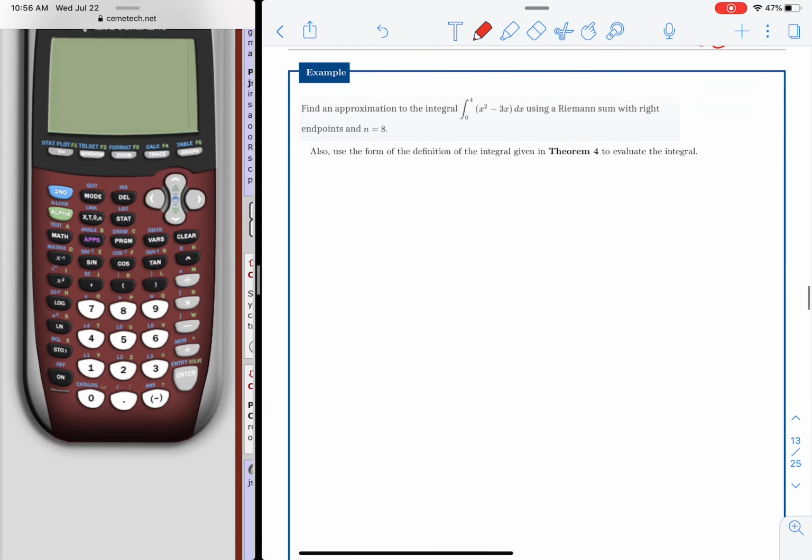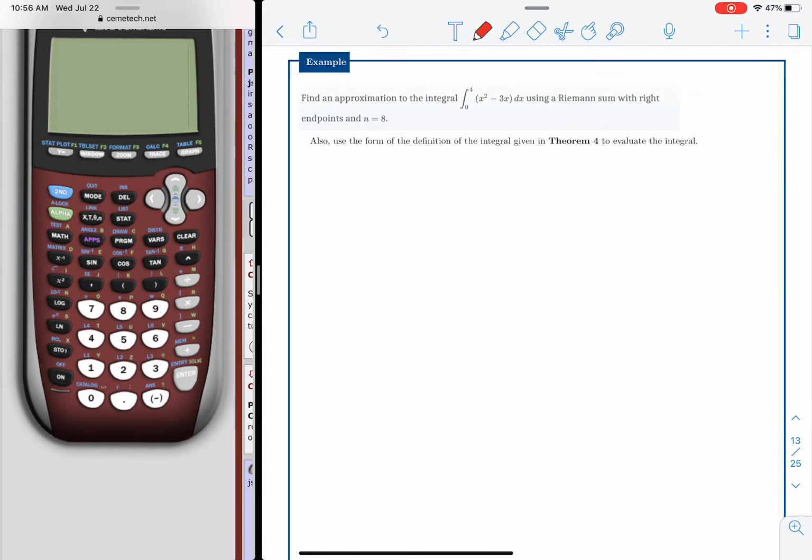So here is a problem where we have to find an approximation to the integral using a Riemann sum with right endpoints, and also using the definition, which is taking the limit of the Riemann sum to evaluate the integral.